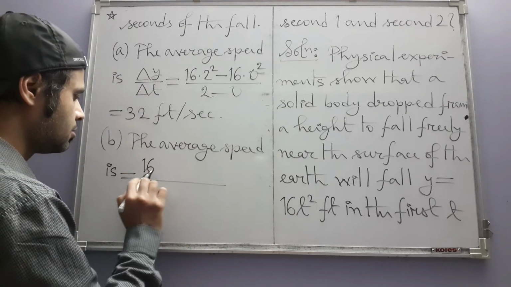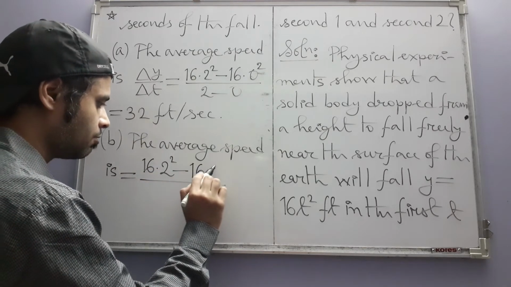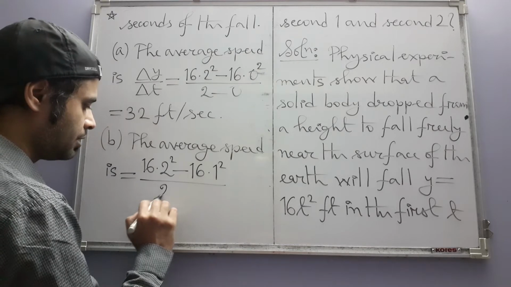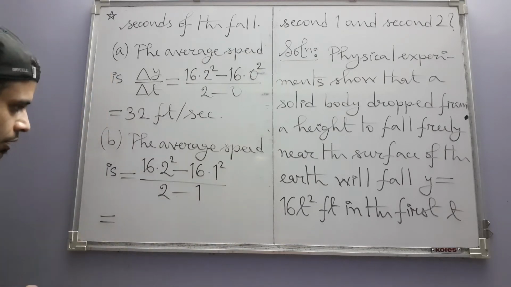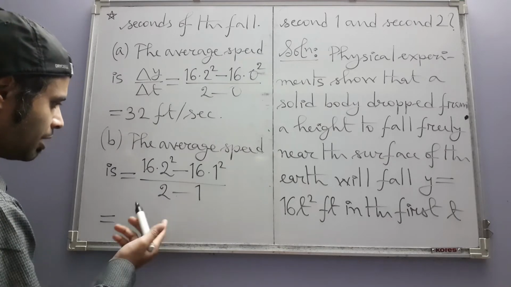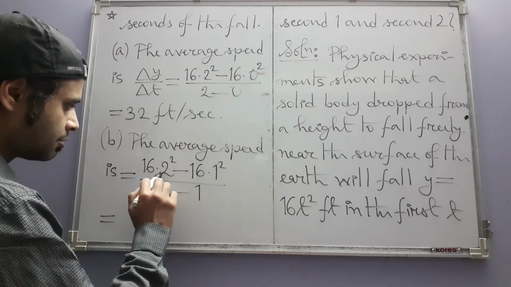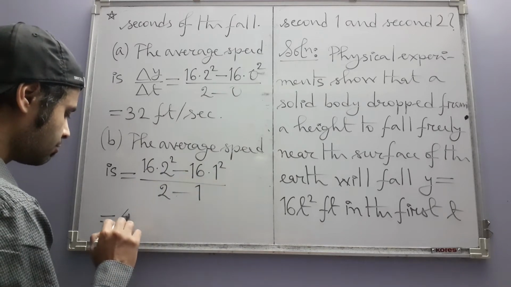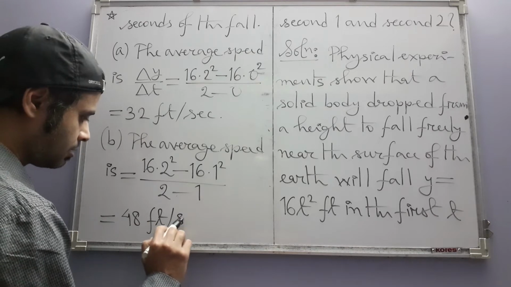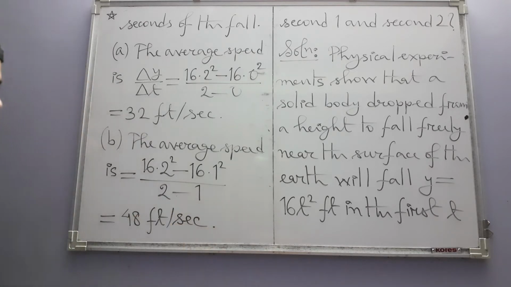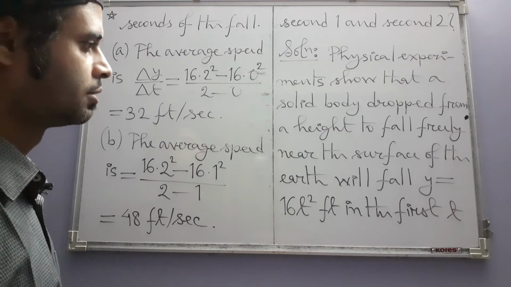So this is 16 times 2 squared minus 16 times 1 squared divided by 2 minus 1, which turns out to be equal to, because 2 minus 1 is 1, 16 times 4 minus 1, that means 3, so 48 feet per second. Fine, it's just simply a computation.